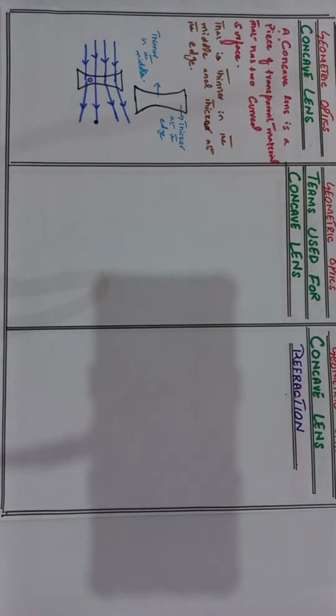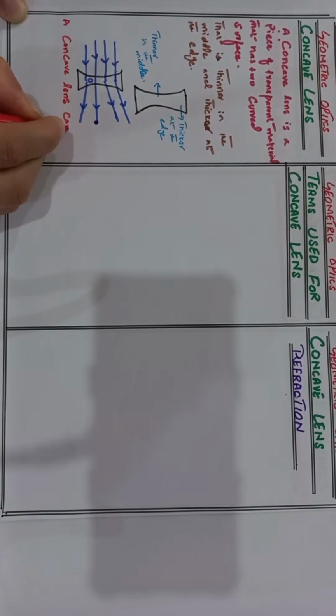So here we write that a concave lens can cause light rays to spread out away from a point.